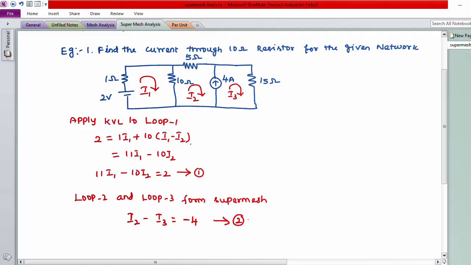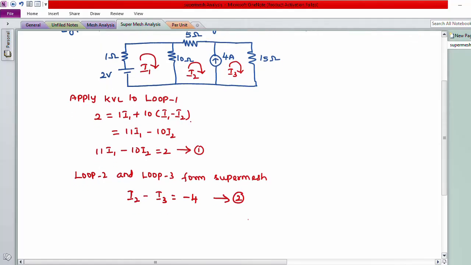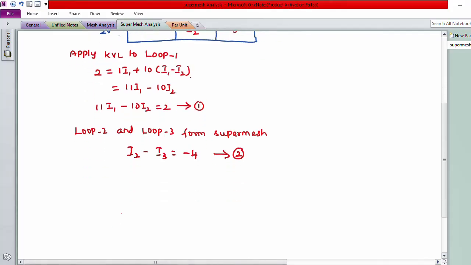Now, by writing the super mesh equation, we eliminate the 4 amps current source. So the reduced circuit can be like this. Modified circuit is given by: the 1 ohm resistance connected in series with the 2 volt source.